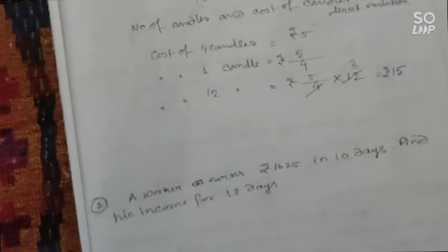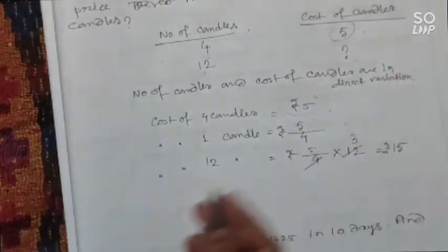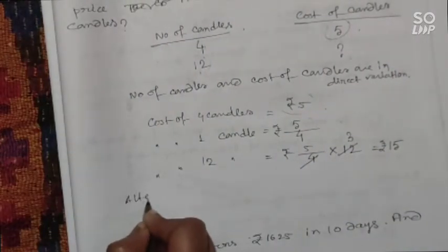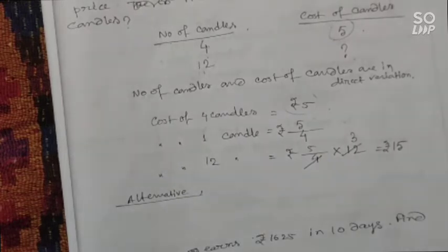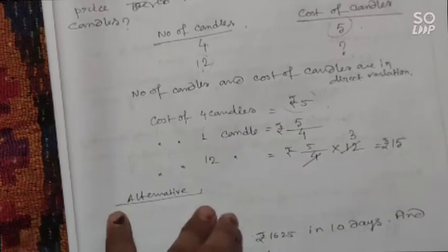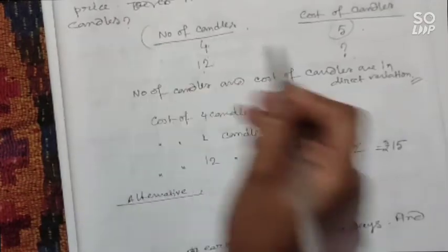I will also tell you an alternative method for solving this problem. First of all, you will make this chart. Then I will tell you an alternative method. If you want to solve the math by another method, then you can use this. First you have to continue up to this.